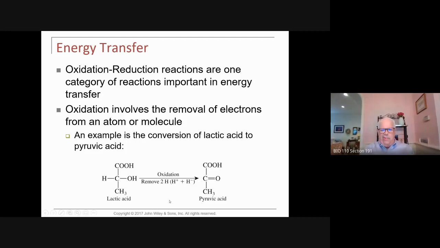If you remove this hydrogen and this hydrogen, you're removing 2 hydrogens. Removal is called oxidation. The removal of 2 hydrogens from lactic acid will cause you to have pyruvic acid or pyruvate. Notice that this hydrogen and this hydrogen are gone.